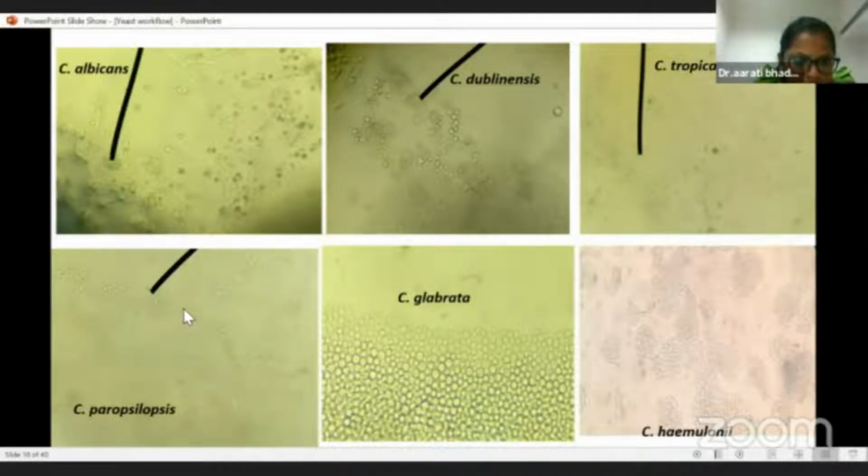These are curved and short pseudohyphae, and there will be oval blastoconidia that can have multilateral budding also. This is Candida glabrata. Here only yeast cells will be there, circular to oval, without any pseudohyphae. And this is Candida haemulonii. Here also only yeast cells will be there. There won't be any pseudohyphae.